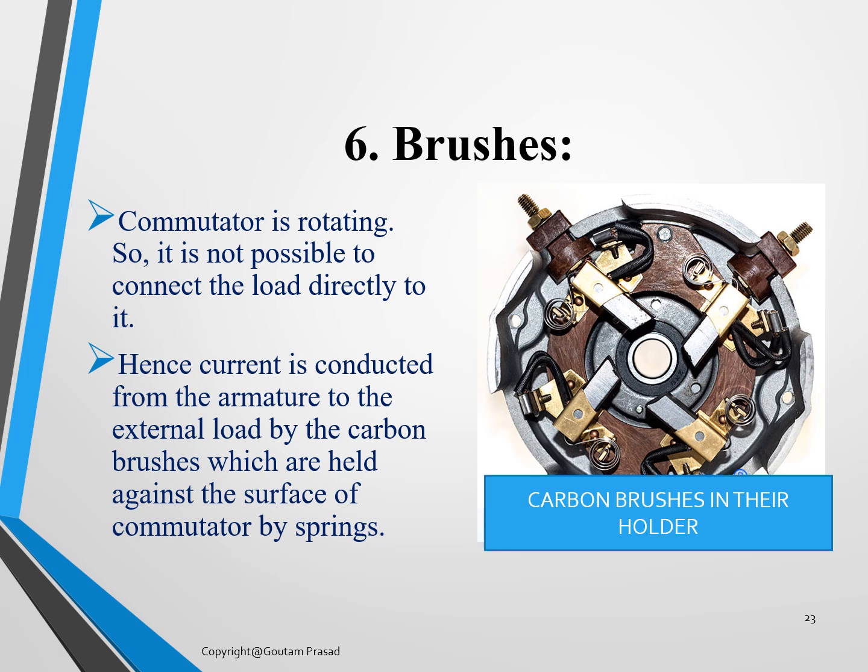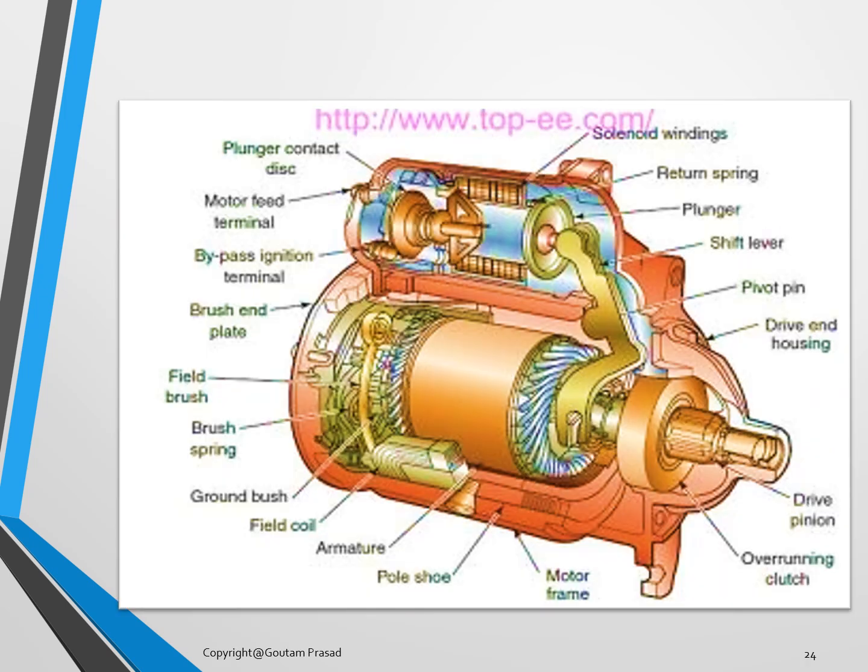Commutator is a rotating part of the DC motor, so it is not possible to connect the load directly on it, and hence the current is conducted from the armature to the external load, or in the case of the motor, it is just opposite, by the carbon brushes, which are held against the surface of the commutator with the help of springs. Here, different parts of the DC motor have been shown.